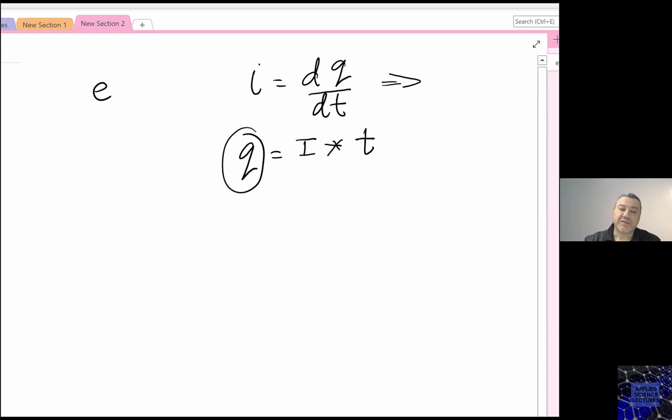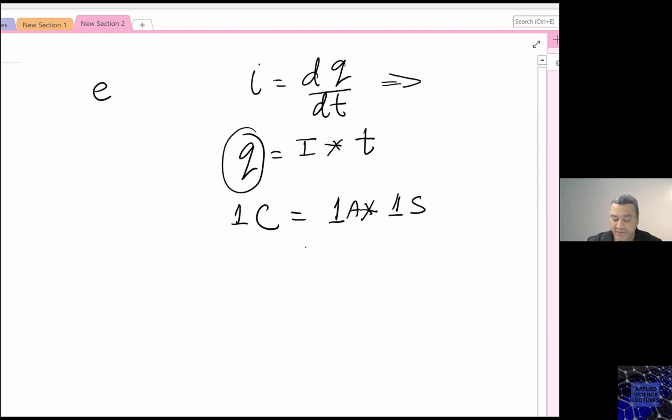So in standard units, the charge Q here is in Coulomb. So what does Coulomb mean? 1 Coulomb is the total charge that gets accumulated due to a current of 1 ampere for 1 second.